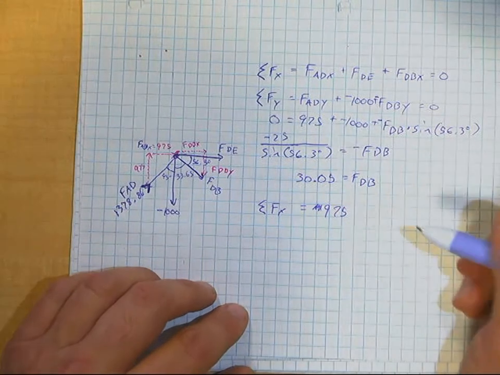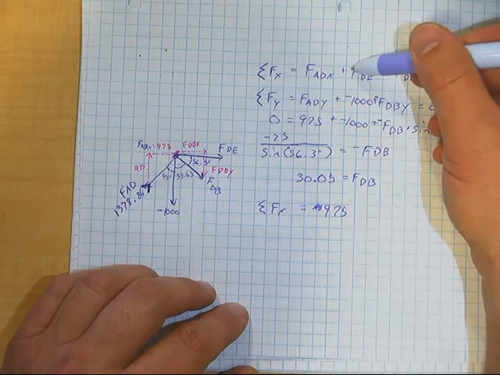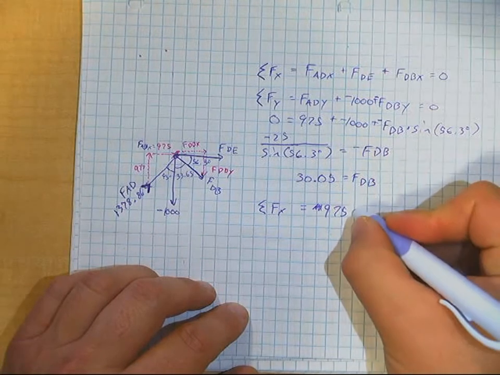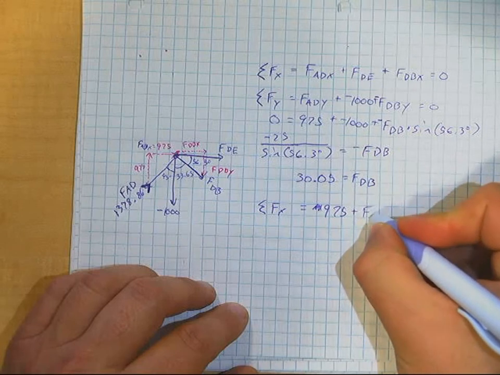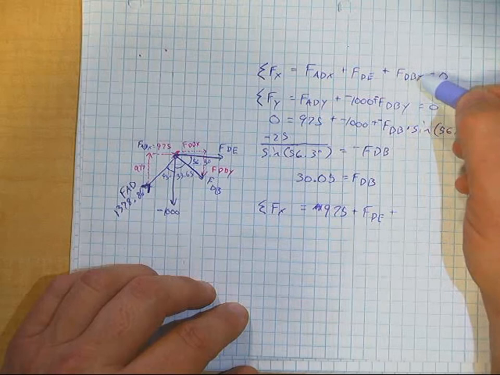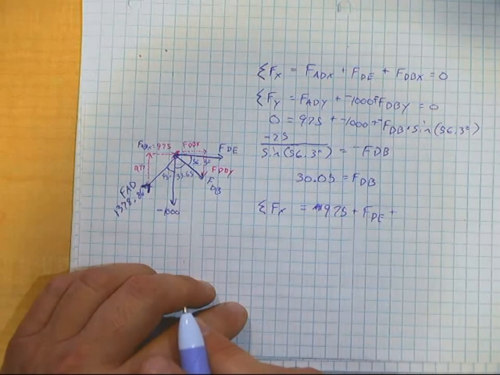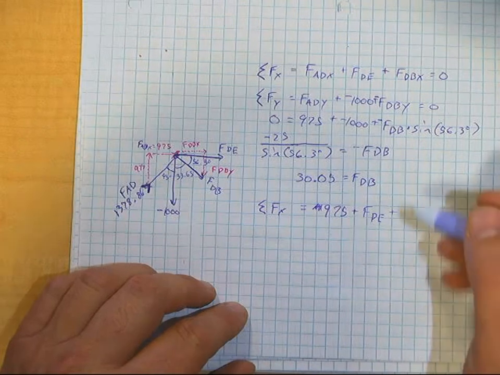I apologize. Then we add on FDE, and then we add on FDBX, the x component of FDB.